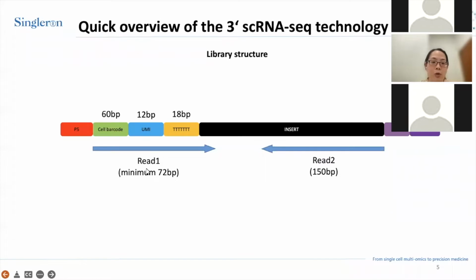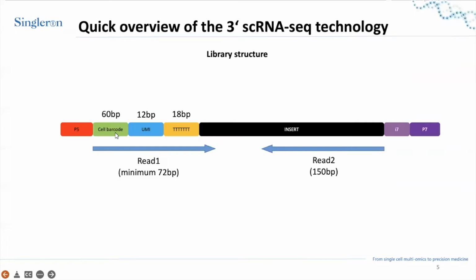And for read1, various lengths can be observed from different platforms or device companies. Here we recommend a minimum of 72 base pairs for read1.